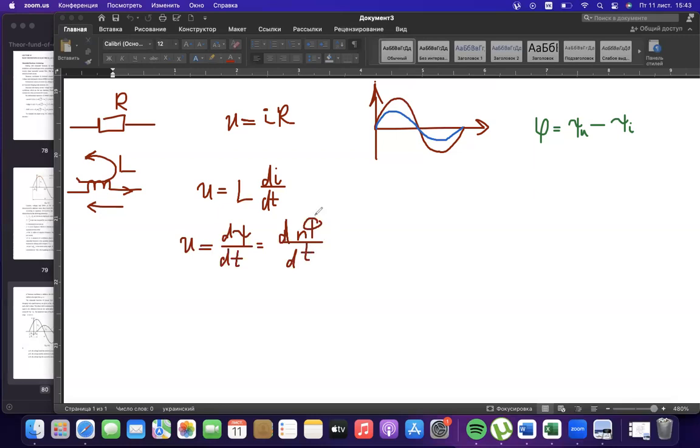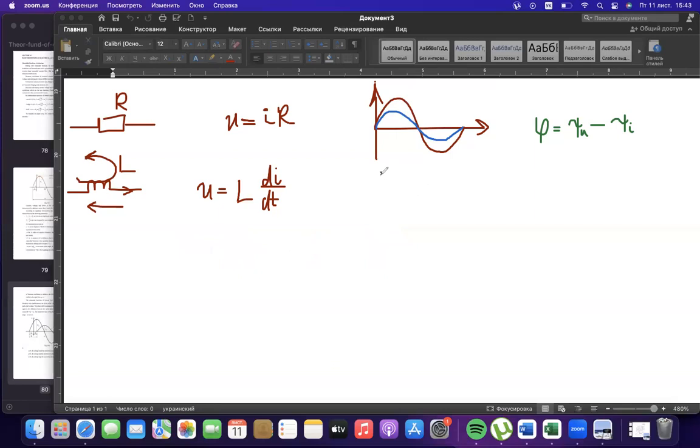If we write magnetic flux in terms of current, it will be inductance and current as a derivative. These two values are equal. That is how we obtain a general equation: voltage is the derivative of current multiplied by inductance.